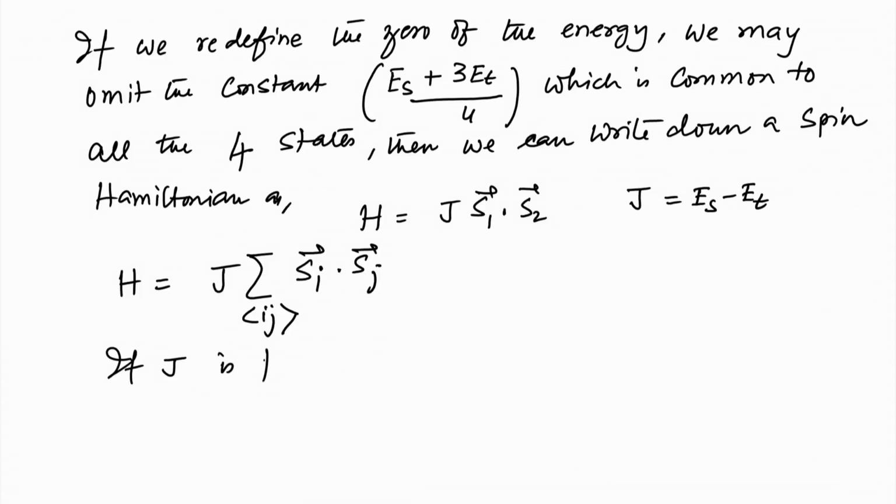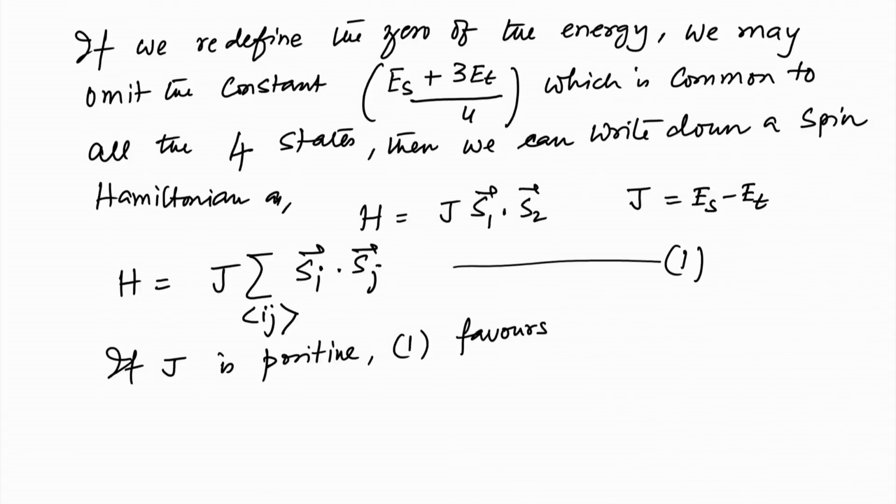So, if J is positive, in this particular model, in this Hamiltonian given by 1, we can write it with a minus sign, putting a minus sign from outside, then this favors parallel arrangement of spins, which are essential for ferromagnetism.